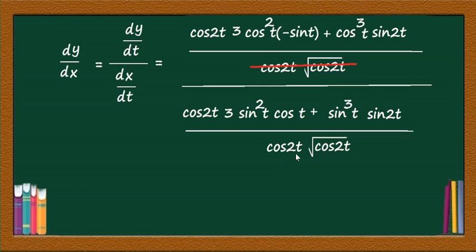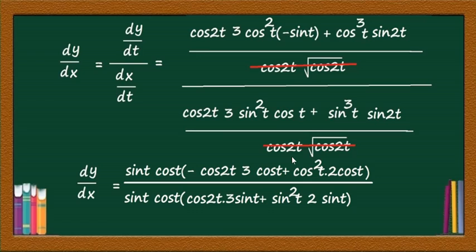Here root cos 2t into cos t, root cos 2t into cos t gets cancelled. If you take sin t cos t common from the numerator, you will have minus cos 2t into 3 cos t plus cos square t into 2 cos t, because sin 2t is 2 sin t cos t and sin t cos t is outside.